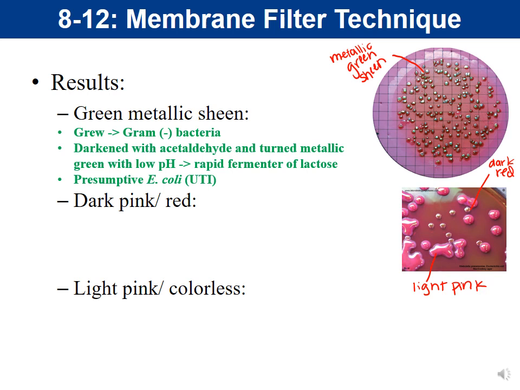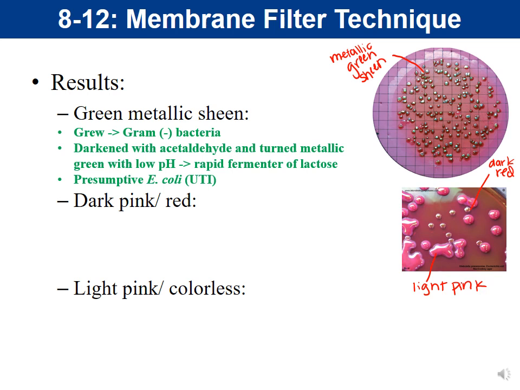Our identification based on these metallic green sheen colonies is that this is presumptive Escherichia coli, presumptive E. coli. E. coli is responsible for a variety of different conditions. 90% of all urinary tract infections, UTIs, are caused by E. coli.